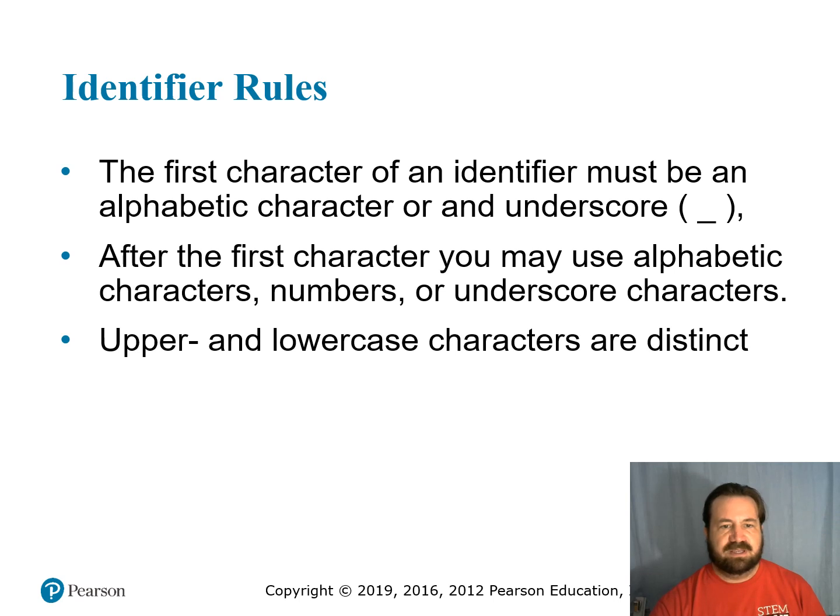So if I wanted last name, I could do last_name. They're also sometimes used as a way to indicate subscripts. So if I'm trying to indicate velocity in the x direction, I might type that as v_x.